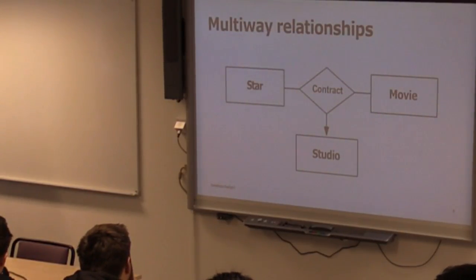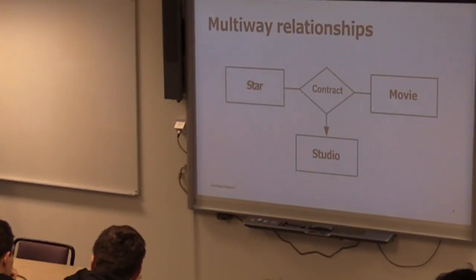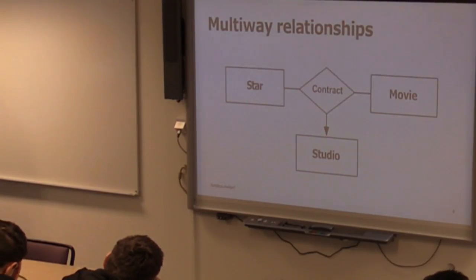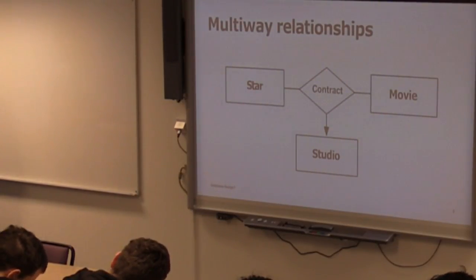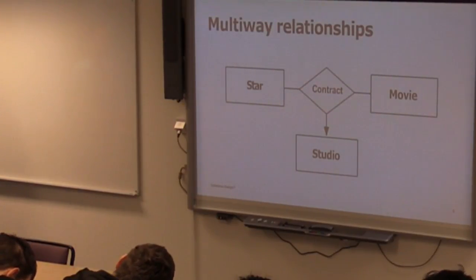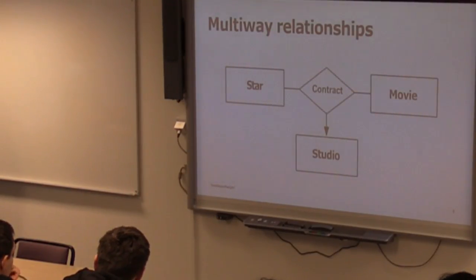And there are also something called multi-way relationships, or ternary, because sometimes you need a relationship, and that relationship is connected to some other entity. If you have the relationship of a contract, then you have a star entity, a movie entity, and a studio entity. So that contract somehow has these 3 parts in common.